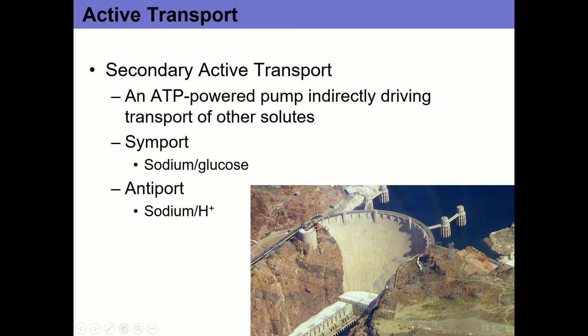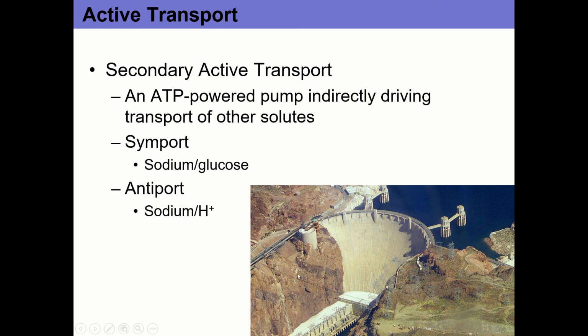So this is Hoover Dam, and my analogy here is that the dam itself is the cell membrane, and all the water back here in Lake Mead behind the dam, that's your sodium. We can allow sodium to move back across the membrane, or in this analogy, through the dam, and in doing that, that will perform some other type of work.